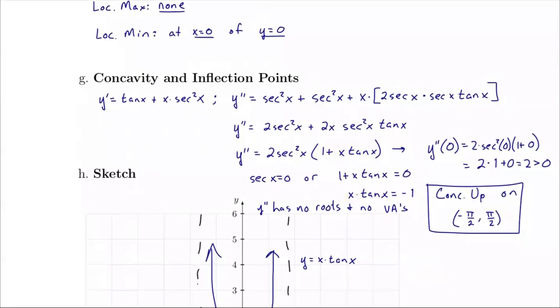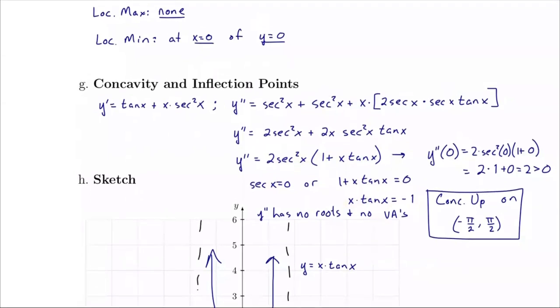So there are no concavity changes. Now, the last thing we want to know is, what concavity does it have? It has only one concavity. Let's plug in a point. Why not 0? It needs to be in our interval negative pi over 2 to pi over 2, but it can be any one of those values.